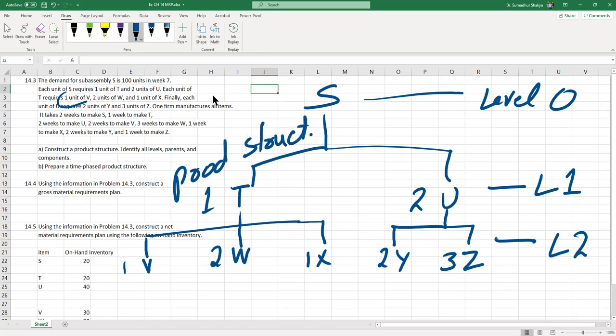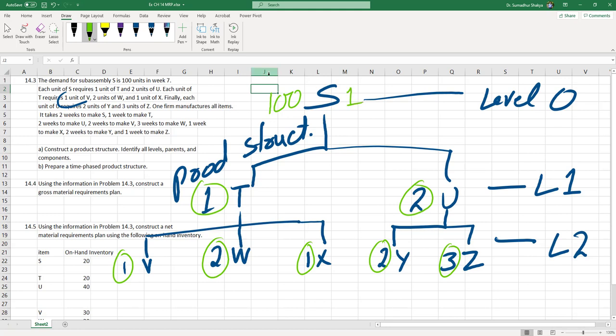All of these numbers tell us how many of the components in the lower level are required if we need 100 units of S, given that this structure is for 1 unit each.